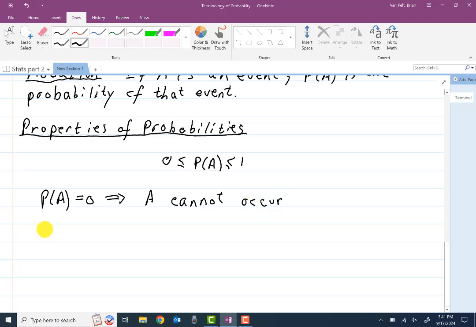On the other extreme, if the probability happens to equal 1 or 100%, that implies that A is guaranteed to happen.